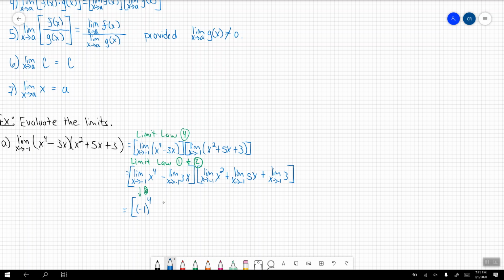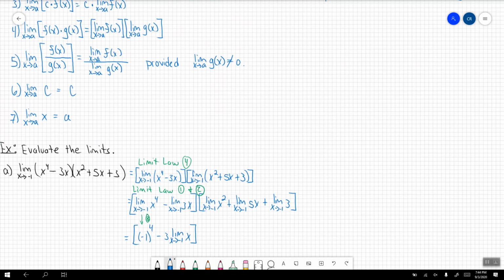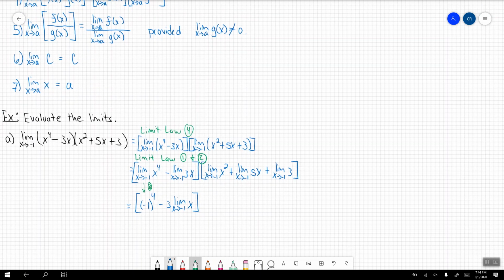Well, for the next limit law, there's a constant multiplying a function. I factor out that constant as such, and now I'm left with this result. So here we had a limit law where we were using the constant and we factored out that constant. So for this step, I used limit law number 3.